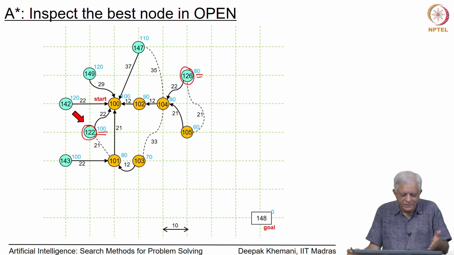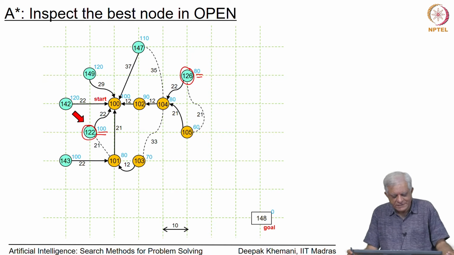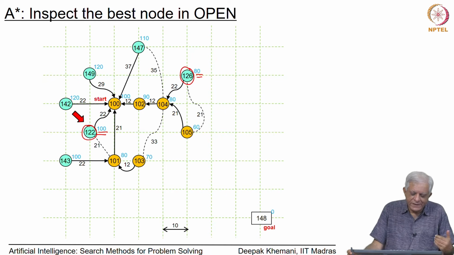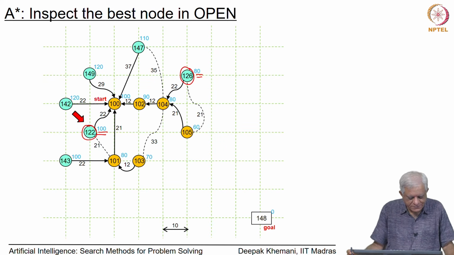So, A star prefers to explore that node, and in that sense it has this inherited behavior from Dijkstra's algorithm and branch and bound, that it will extend the cheapest estimated paths first. So, that is what it does here.